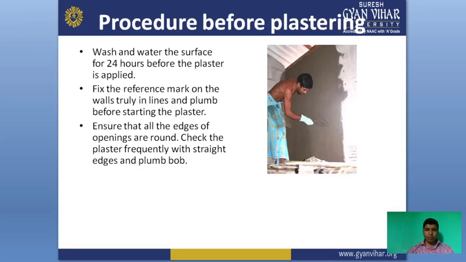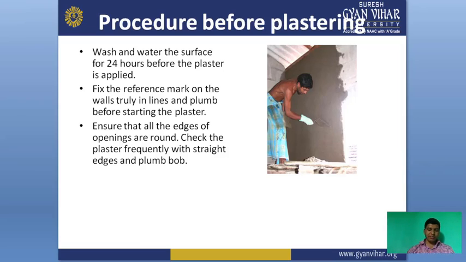The procedures to follow before plastering are: the first one is to wash and water the surface for 24 hours before the plaster is applied. It means first we have to wash the surface with water 24 hours before the plaster is applied.